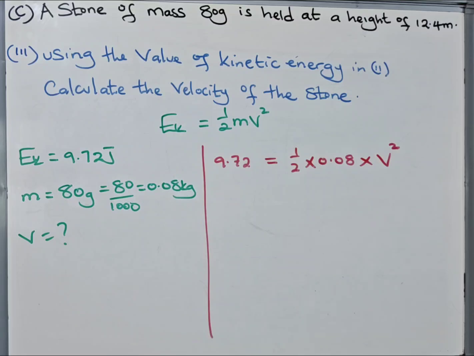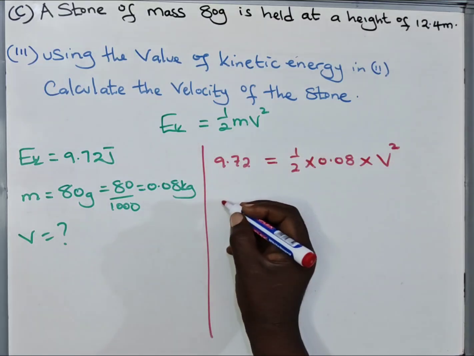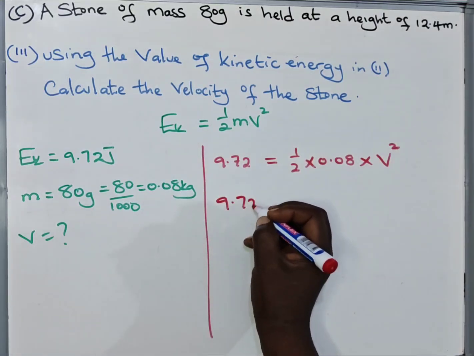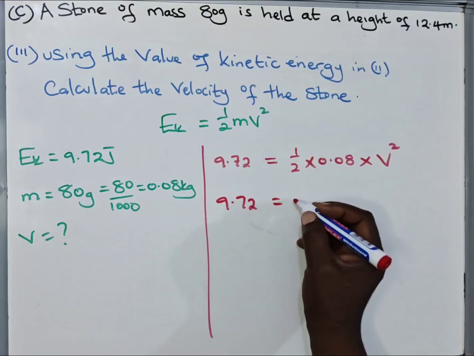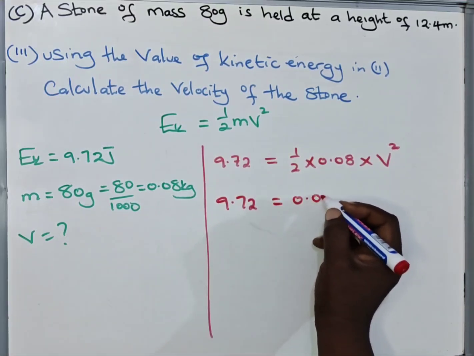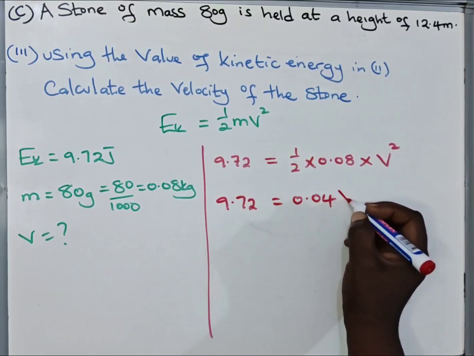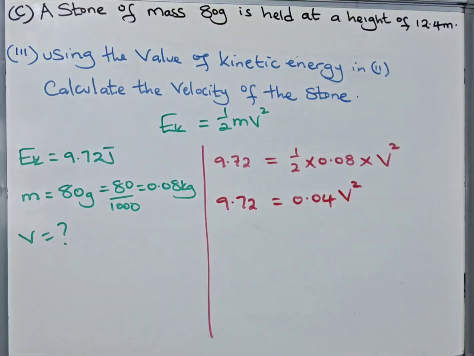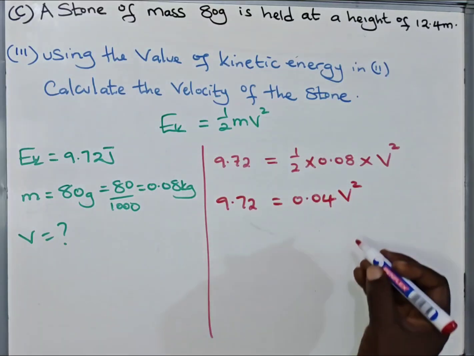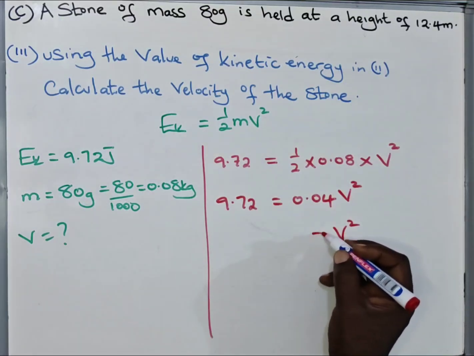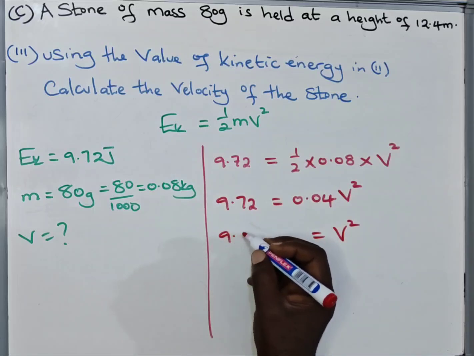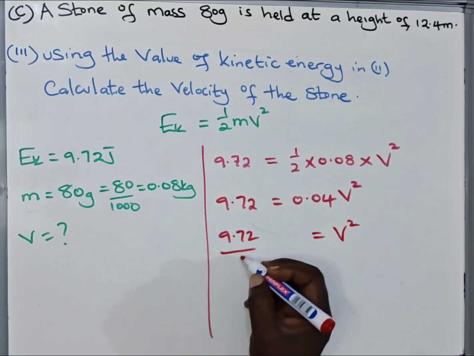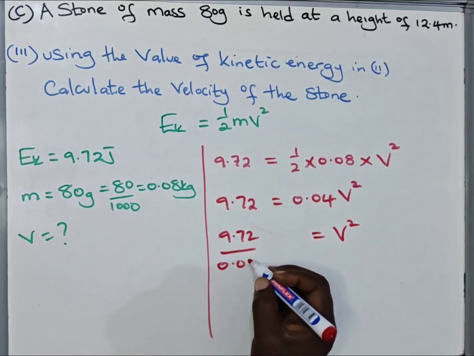From this, we have 9.72 giving us 0.04 velocity squared. So velocity squared is 9.72 divided by 0.04.